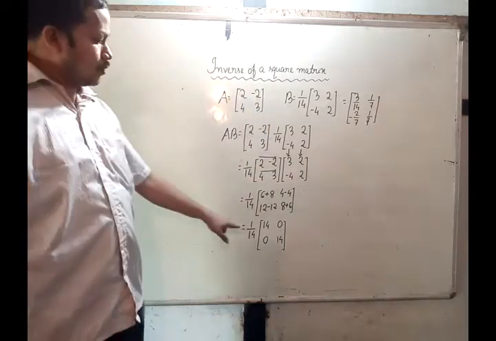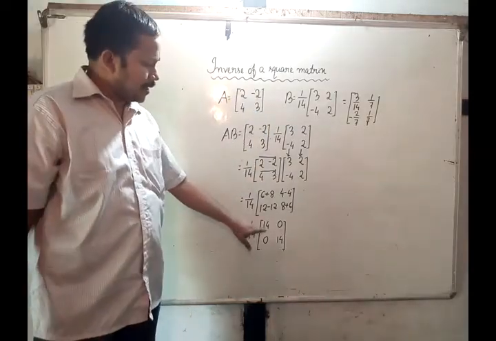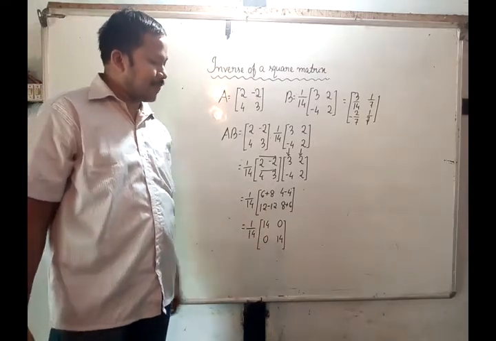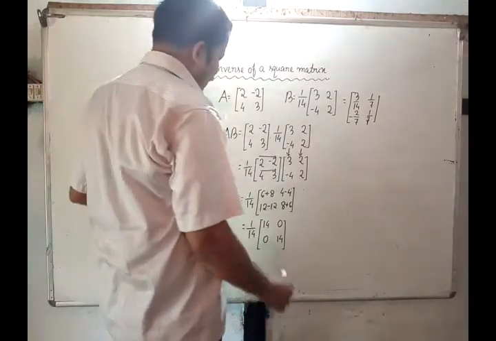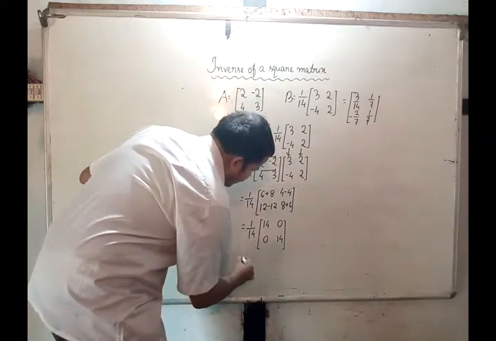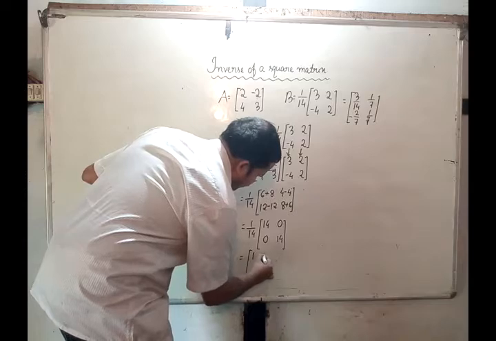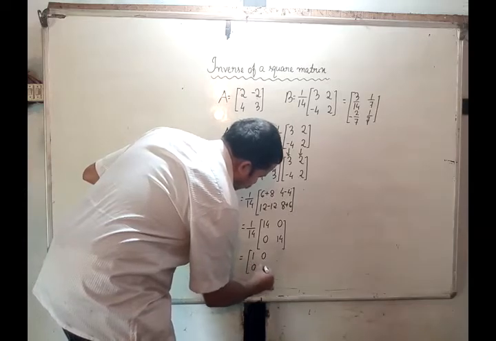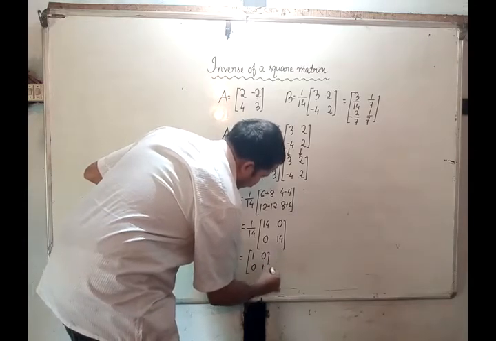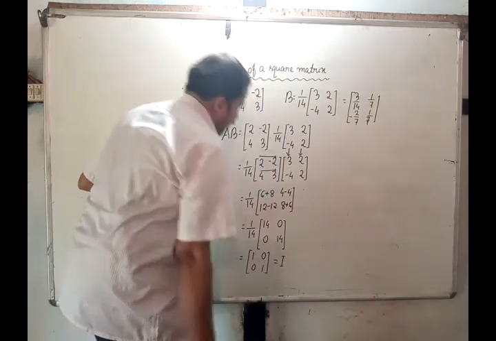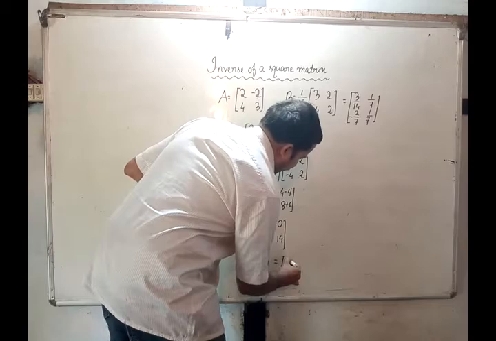Each element is divided by 14, so we get 1, 0, 0, 1, which is equal to the unit matrix I. So AB equals the unit matrix I.